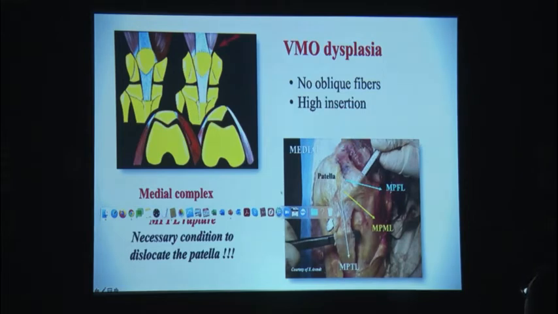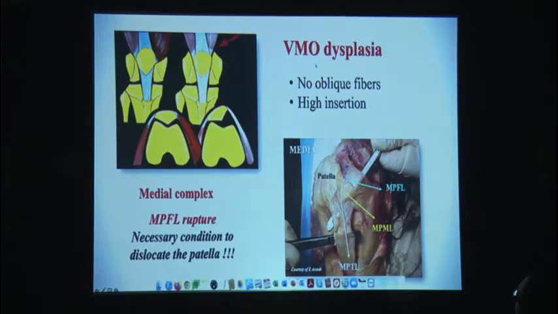So first of all, we know that when you have a patellar instability, sometimes you have a VMO dysplasia. And the VMO dysplasia means that you have no oblique fibers like that, and you have only one part of the VMO. So it's a dysplastic VMO for sure. But the medial complex is very important, and when we talk about the medial complex, we're talking about the MPFL, of course.